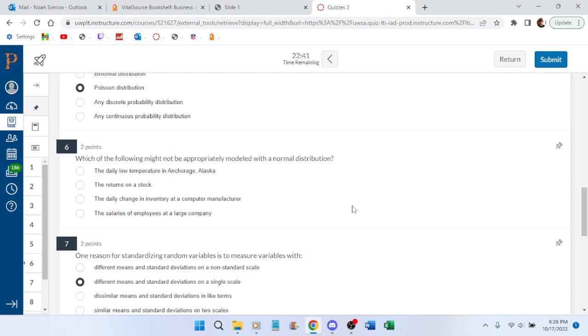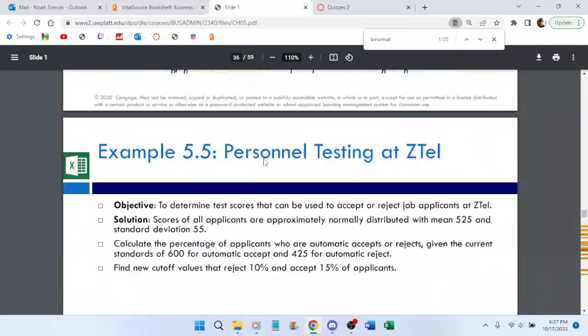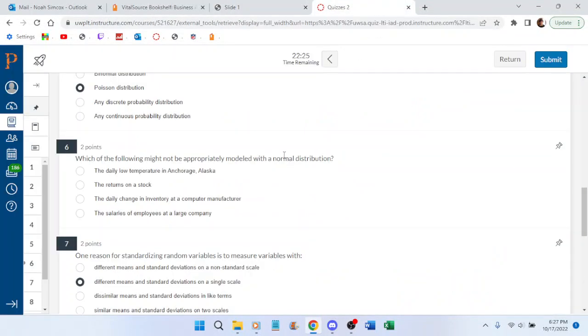Daily low temperature. Oh, come on. Dude. Seriously. Why? Examples of normal distributions. God, you're kidding me. How am I supposed to know that? No. Not fair. It's not fair to people who are stupid like me.